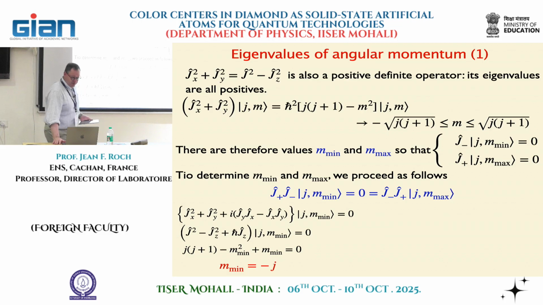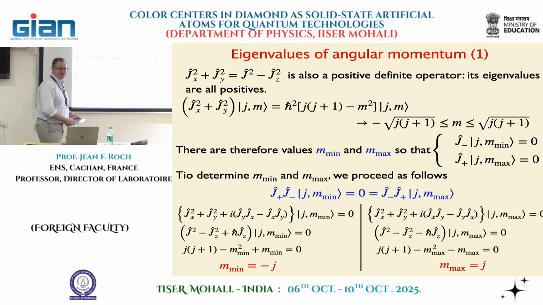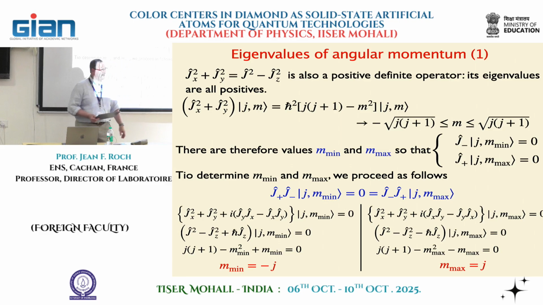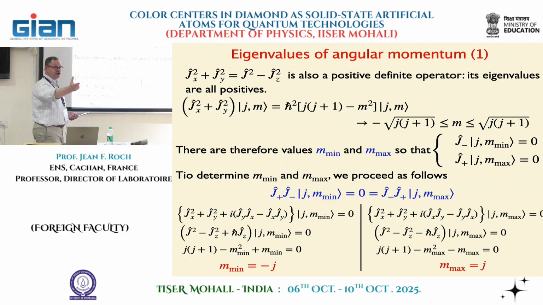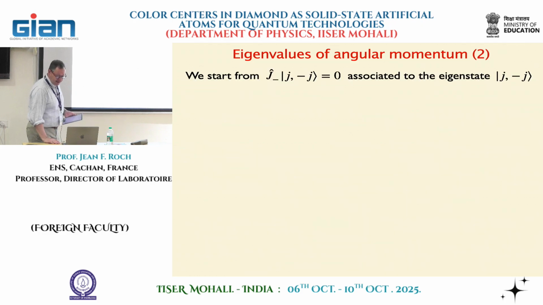From that, using some very simple algebra, you can easily realize that the minimum value of the quantum number m is minus j, and the same for the maximum value, which is plus j. So now I have a relation that bounds the m quantum number, and I can use that.